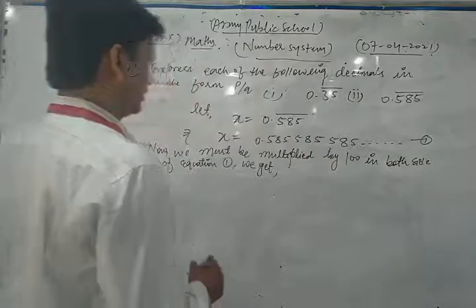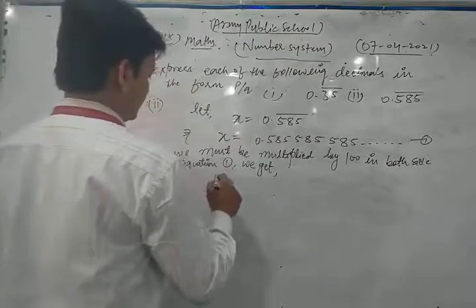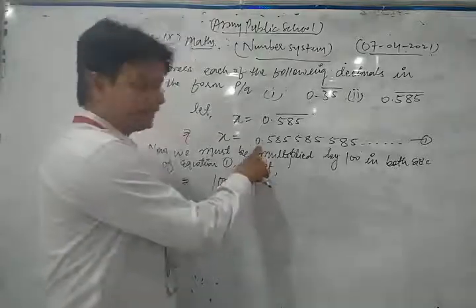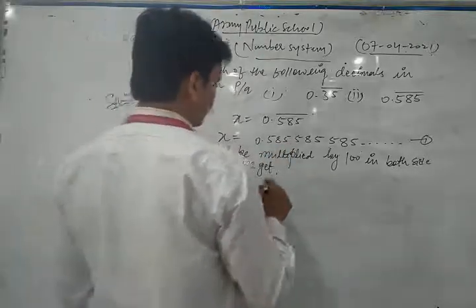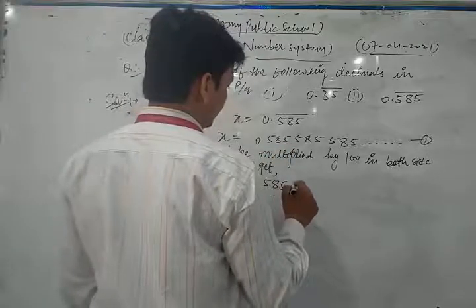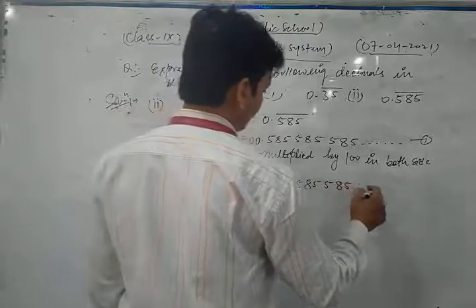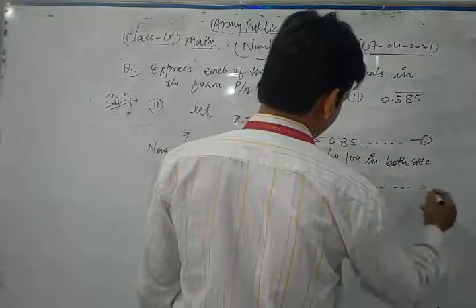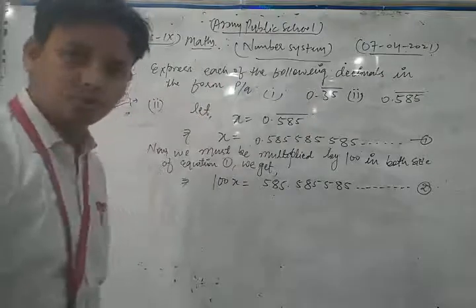When we do that, we get 100x is equal to, now if you multiply by 100, then the decimal shifts in that position. So this is 585.585 and so on. We take this as equation number 2.